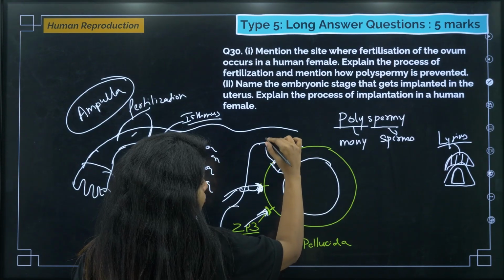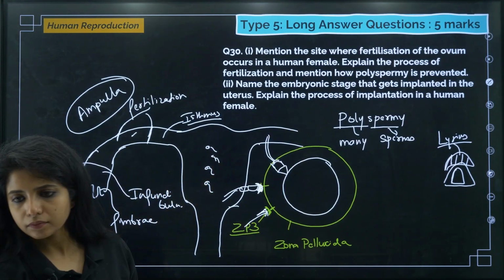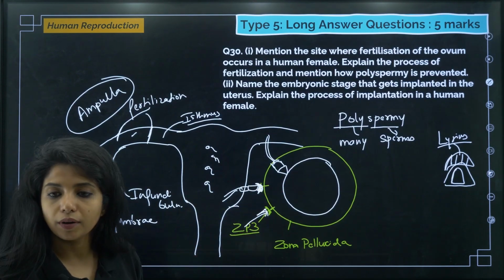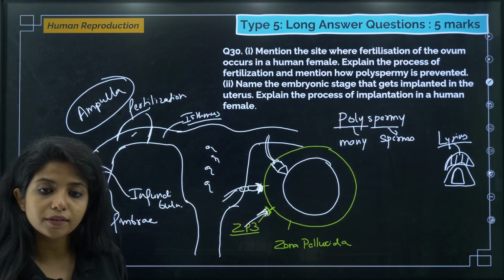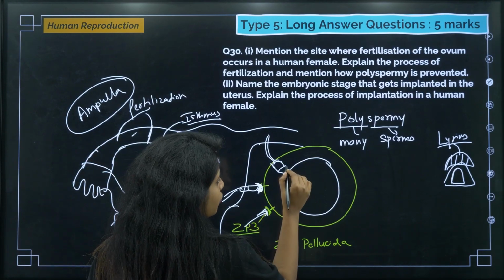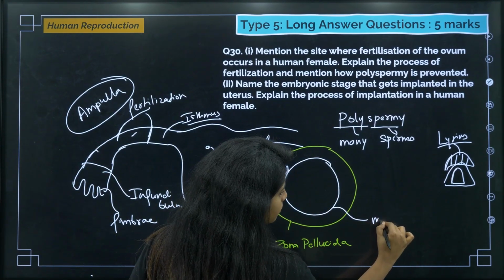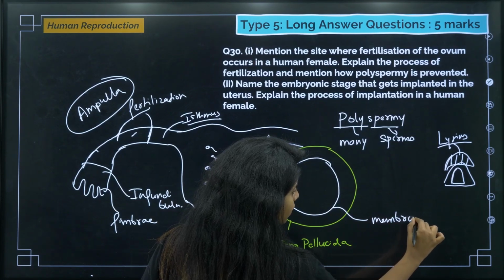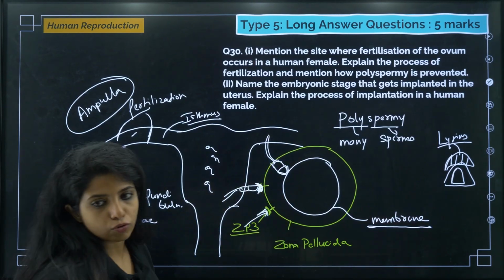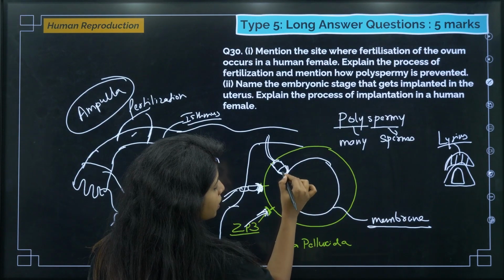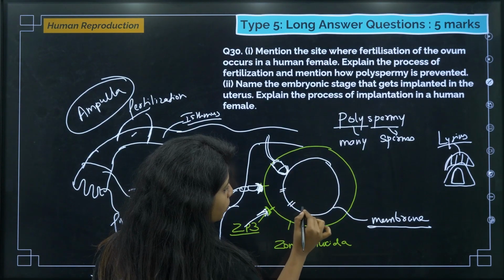One came in, and now it does not want other sperms to come inside. So what happens here? When this sperm comes and attaches to the membrane of the secondary oocyte, certain channels open up.